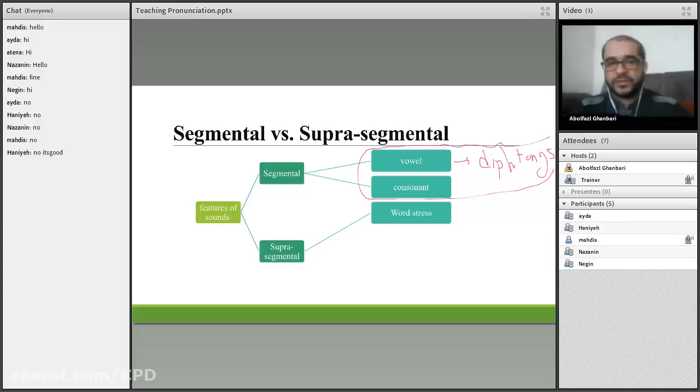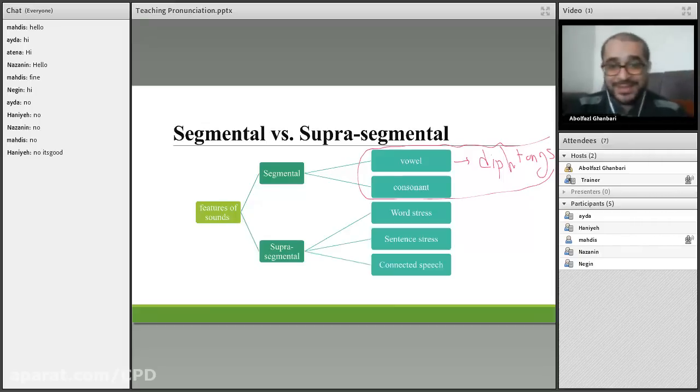And by suprasegmental features, we mean the sounds beyond the individual sounds in a word, like word stress, sentence stress, connected speech, and intonation.